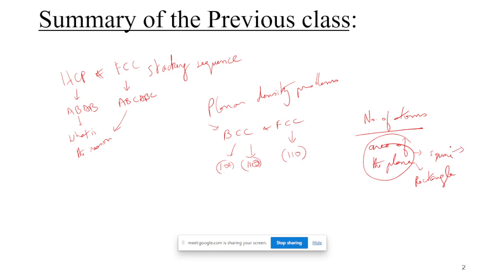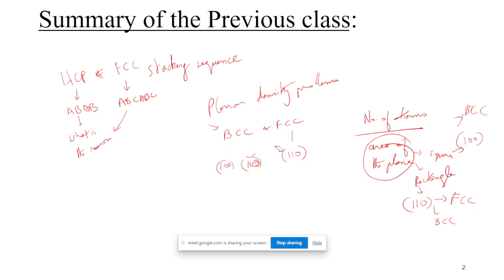For the 100 plane in BCC, it was a perfect square, whereas the 110 plane was a rectangle for both FCC and BCC. We saw how to solve the problem for either FCC or BCC. I think this is what we were able to see, and after that time ran out.